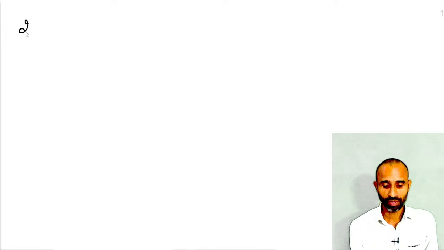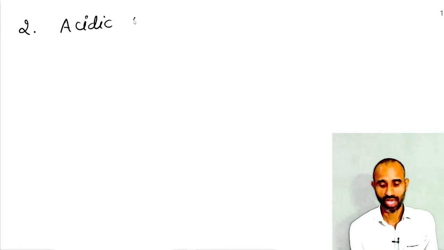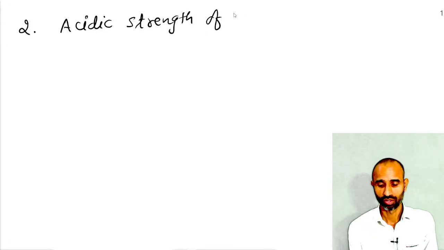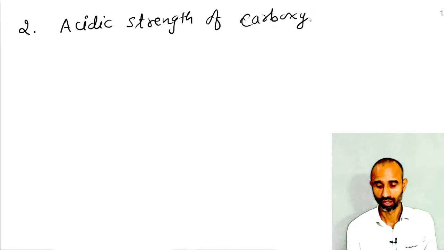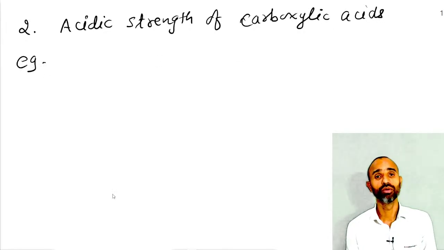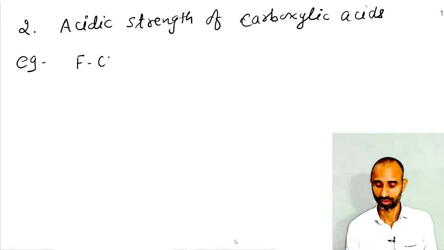Another example: acidic strength of different carboxylic acids. We attach an electron withdrawing group to the alpha or beta carbon.